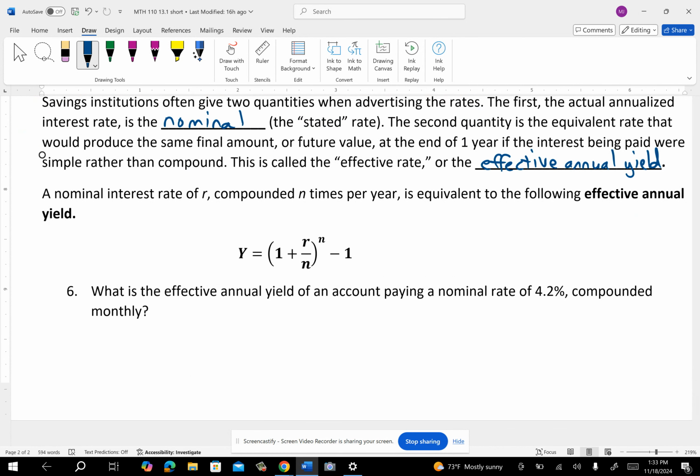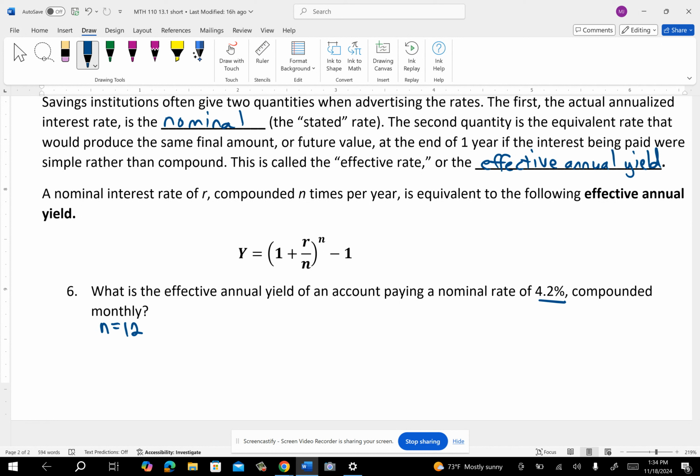Okay, so here's a problem, and then we'll go back and do a couple more looking at that compound interest problem earlier. Here, the nominal interest rate is 4.2%. They're compounding things monthly, which means the interest is being calculated every month and added back into your account.